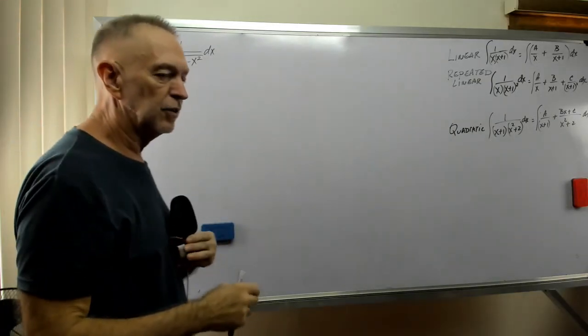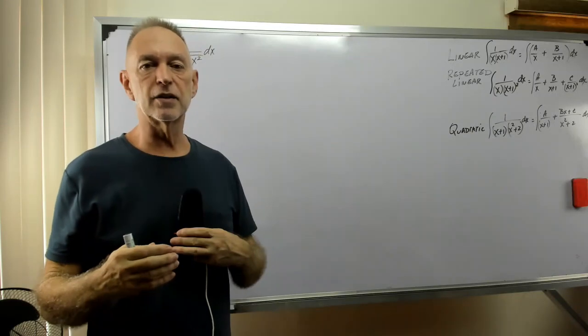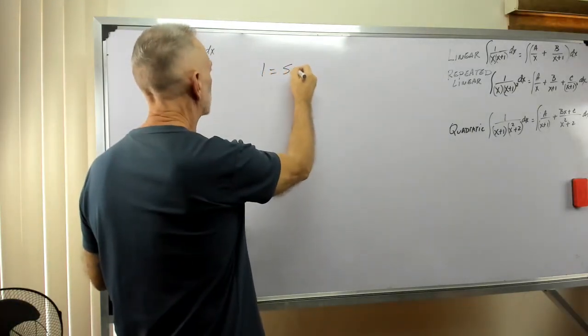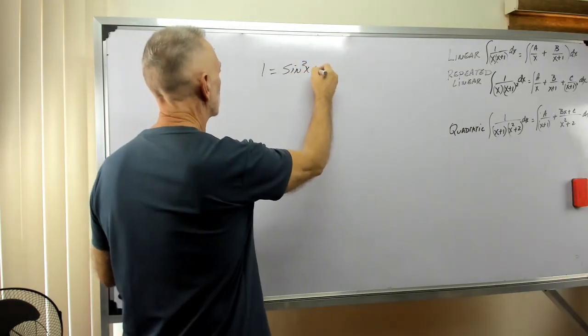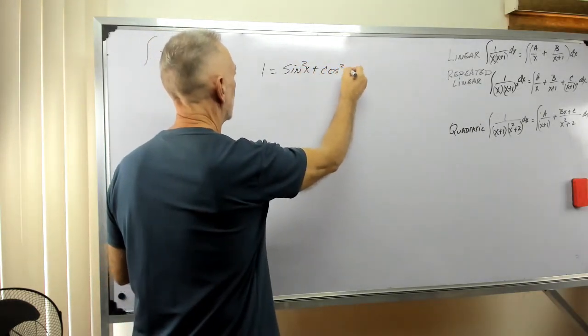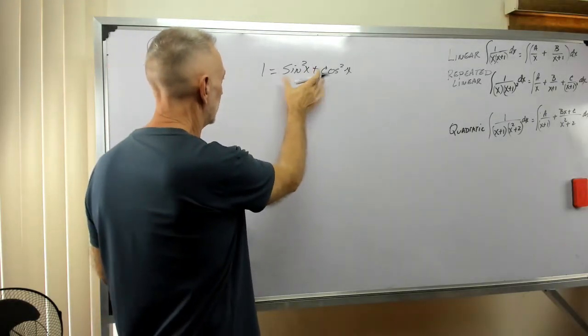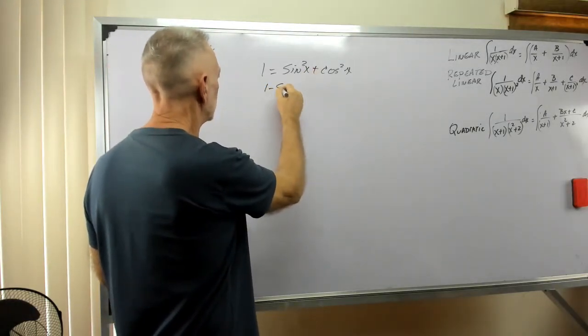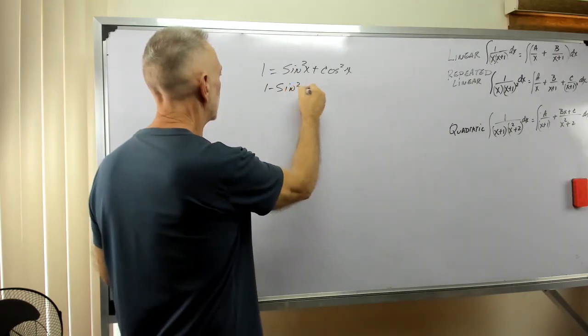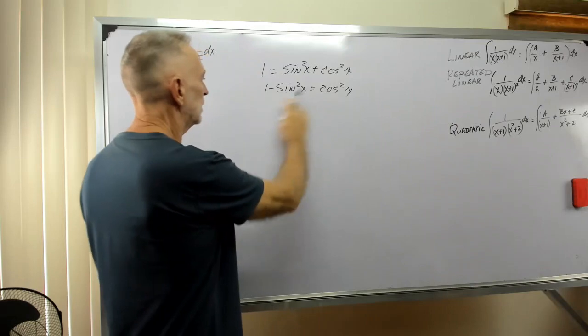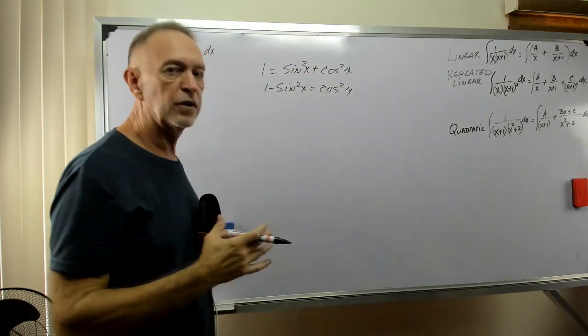You need to get to the point where you understand certain identities. For example, 1 equals sine squared x plus cosine squared x. Or once you understand that, now I can say 1 minus sine squared x equals cosine squared x. Okay, that's one form you really need to understand.